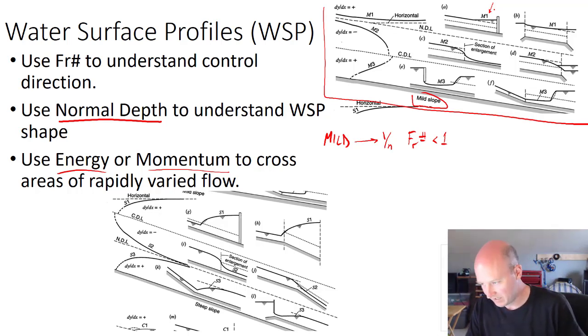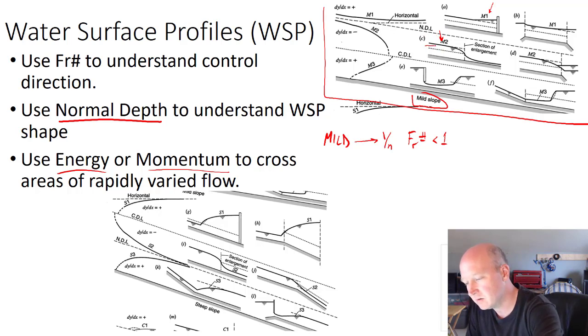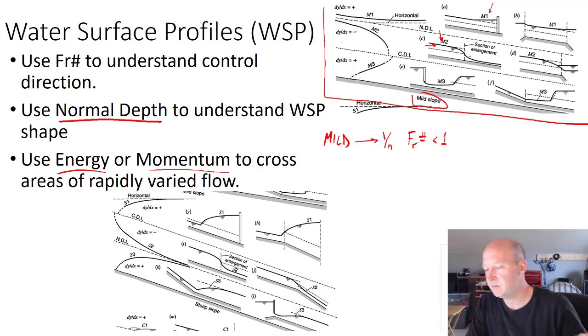That would be flooding from downstream conditions. The next curve is an M2 curve, and that's where water, as it's moving downhill, is going to accelerate over something. Maybe it's a change in slope, maybe it's a section enlargement, but it's accelerating, and that means it's going to be getting shallower.